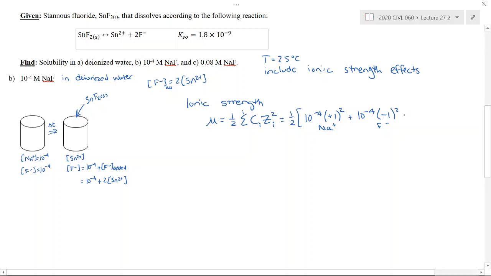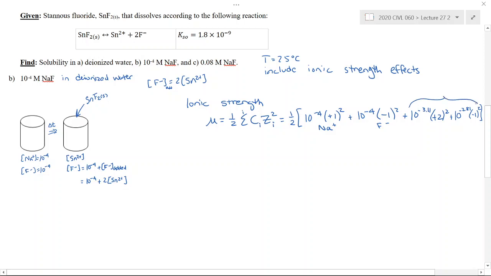So for stannous in deionized water, I had 10 to the minus 3.11, and this is a +2 charge, plus the fluoride at 10 to the minus 2.81, that's a -1 charge.